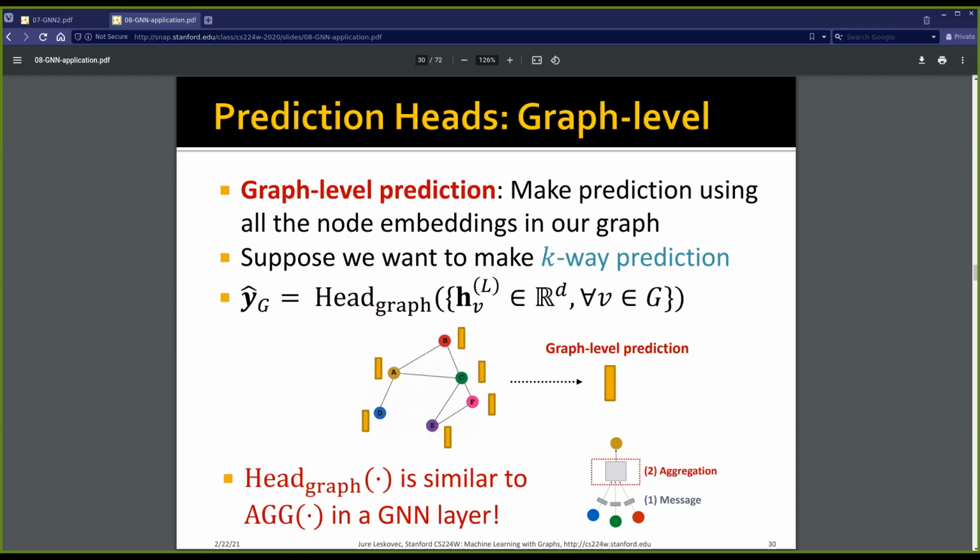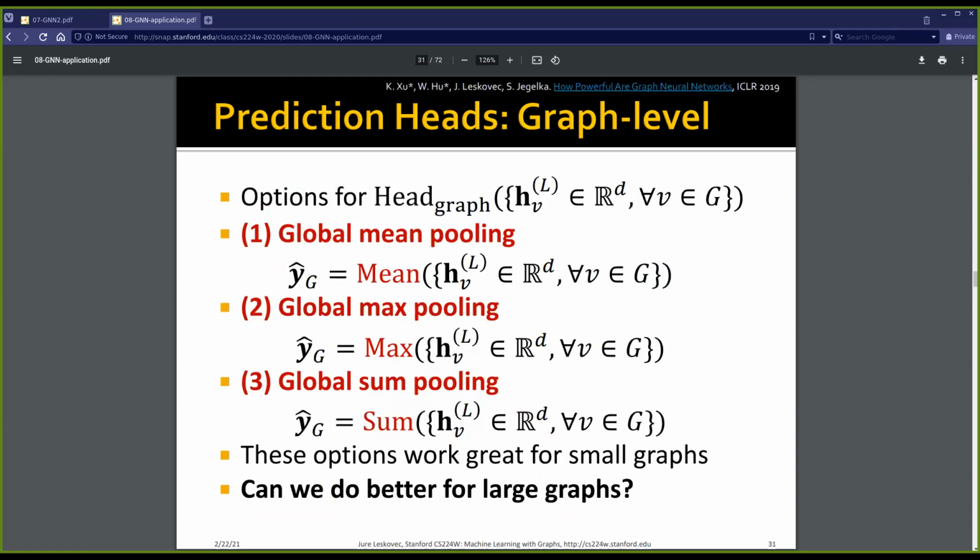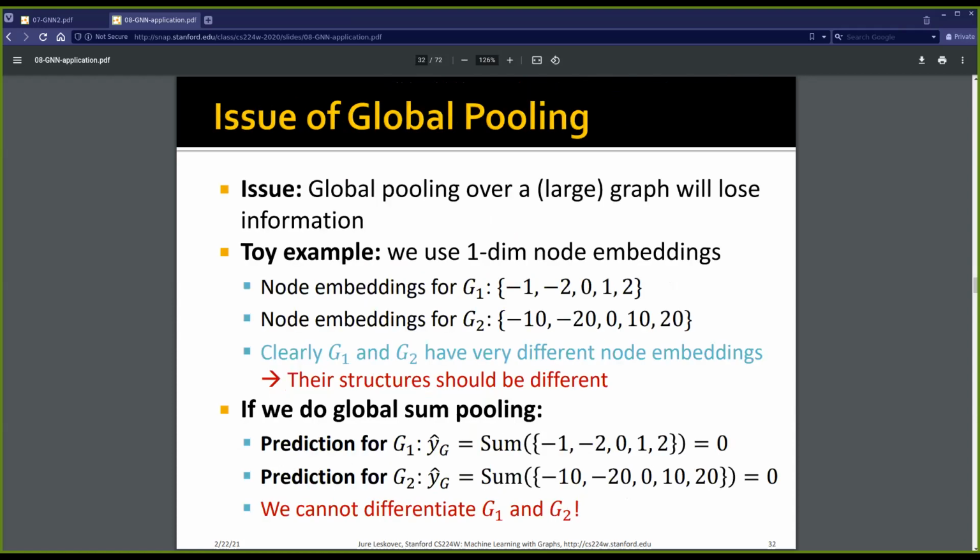In graph level tasks, essentially we want to aggregate all node embeddings into a single general graph embedding. It's just like the aggregation in a GNN layer. So what we can do is global min, max, or sum pooling, so either take the min, max, or the sum over all node embeddings. But this is problematic in some cases.